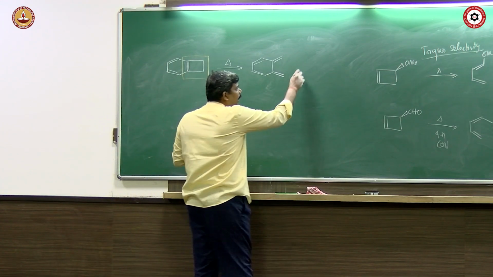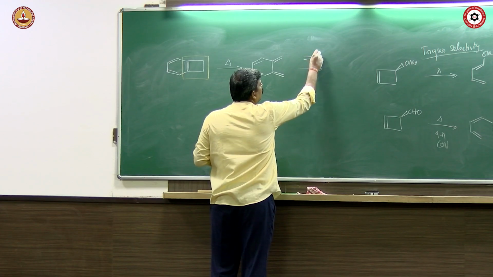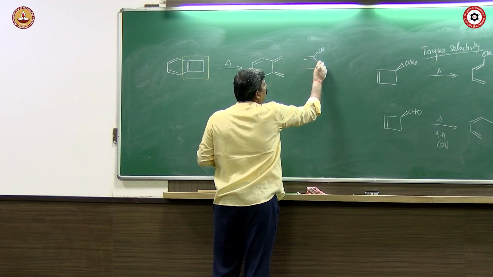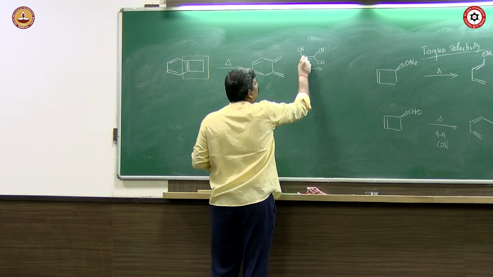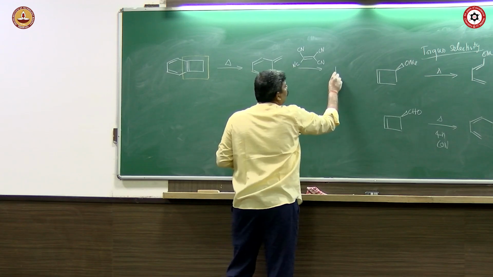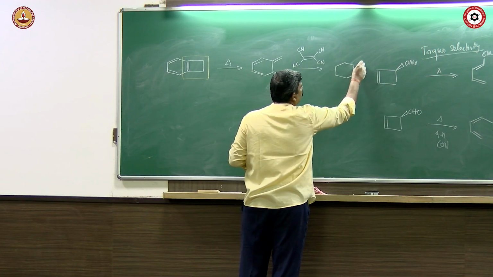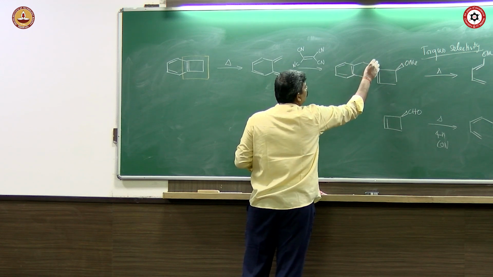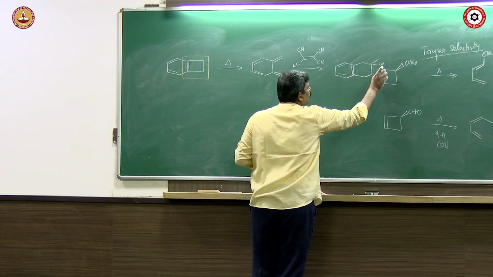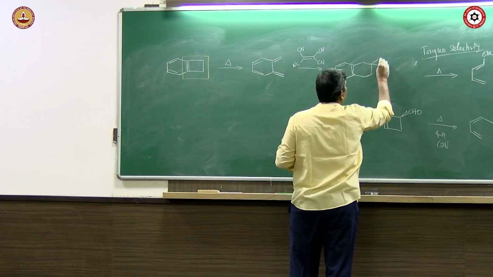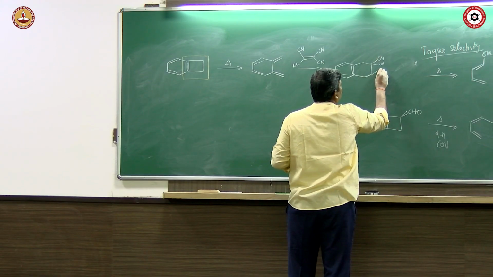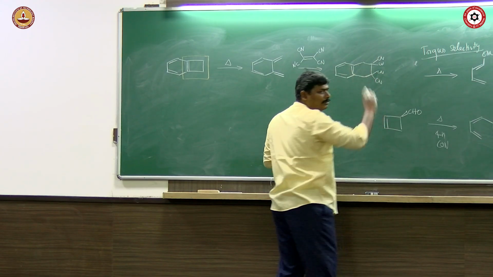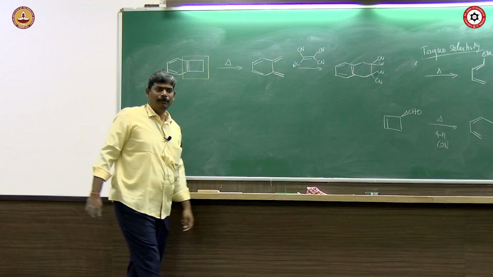Consider that I have an electron deficient tetracyanoethylene. I can create the molecule which is this. This is a beautiful thing.